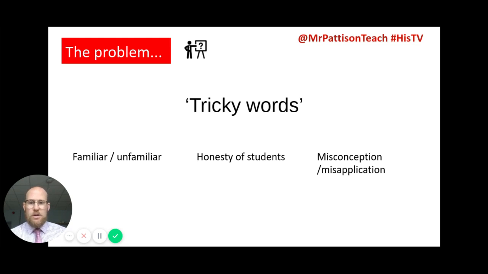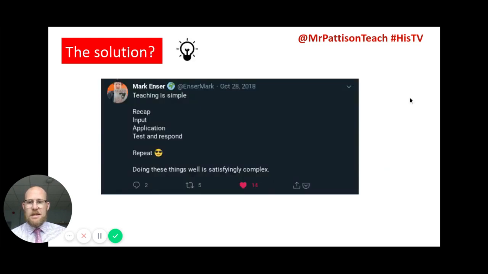I looked at using a glossary. I still use those, but I have recognised now the importance of going through the words in advance to prevent the rhythm of the language of the reading being disrupted and actually preventing their own enjoyment of the reading process. So in terms of what to do about it, I reflected on key educational principles, such as that which Mark Enser puts forward: recap, input, apply, test and respond.